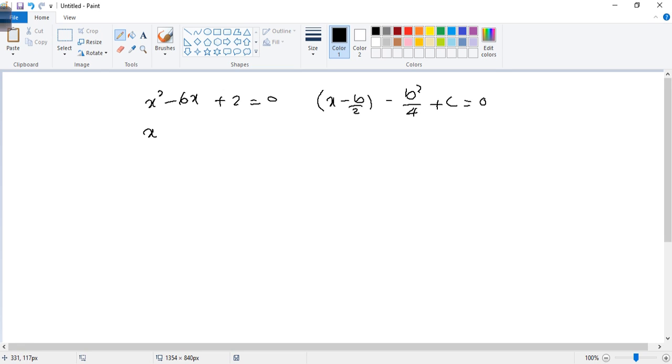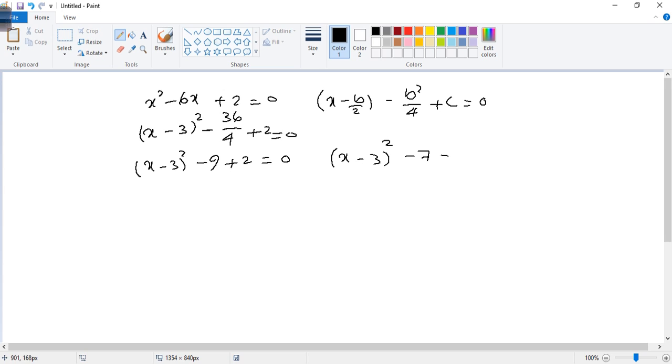So it will be x minus 6 over 2, which is 3, squared, minus b squared, it will be 36 over 4, and plus c, which means plus 2 equals 0. That will lead to x minus 3 squared. 36 divided by 4 is minus 9 plus 2 equals 0. And here we'll have x minus 3 squared minus 7 equals 0.